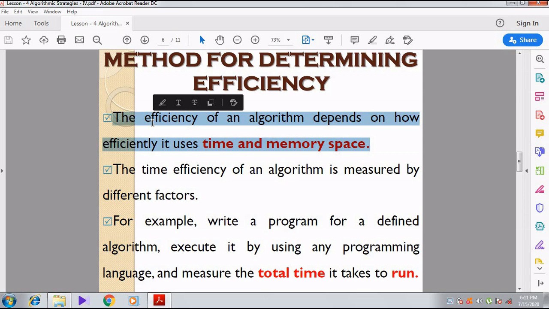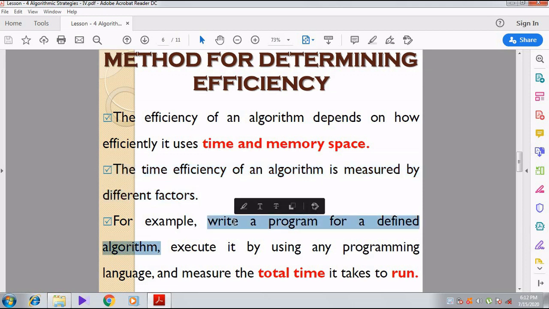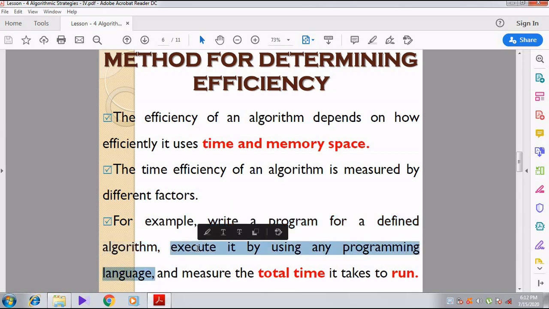Based on how it uses time and memory, the efficiency of an algorithm is found out. The time efficiency of an algorithm is measured by different factors. For example, see here they have given an example. Write a program for a defined algorithm. Execute it using any programming language, C or C++.